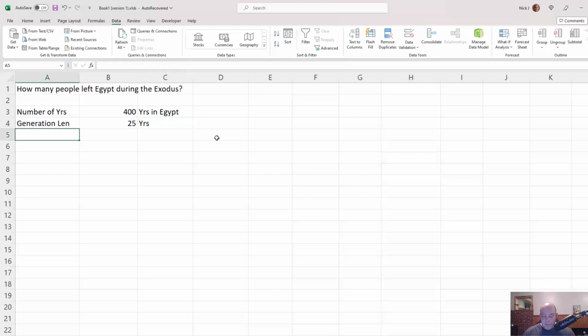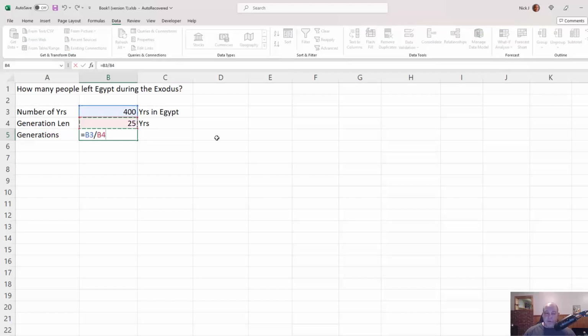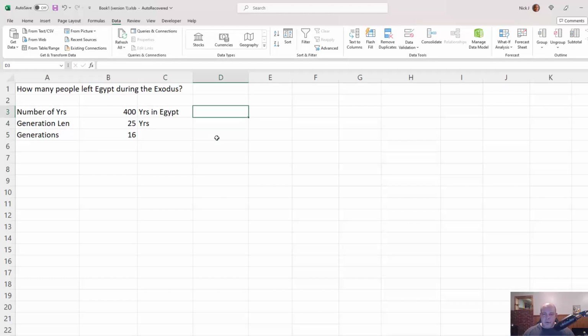And now we know the number of generations that have passed between the time of Joseph and the time of the Exodus, just by taking 400 divided by 25, we get 16 generations. Okay, so now we're just going to make a table and track how many people are alive through time, we think, using a simple population model.